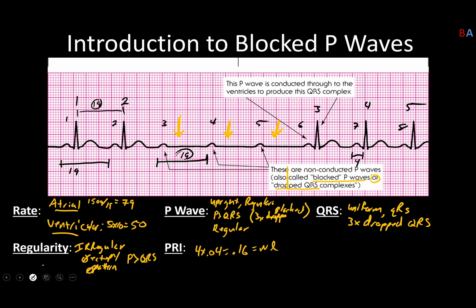The QRS width, just measure that real fast. Pretty easy on beat number 3. Comes out to 2. Yeah, I overmeasured a little. It looks like it's right at 2. That gives us 2 times 0.04.